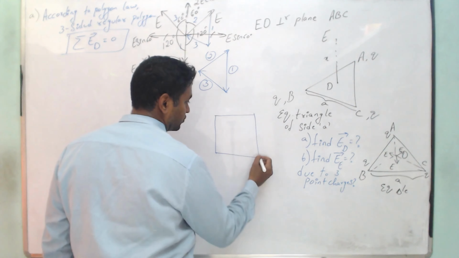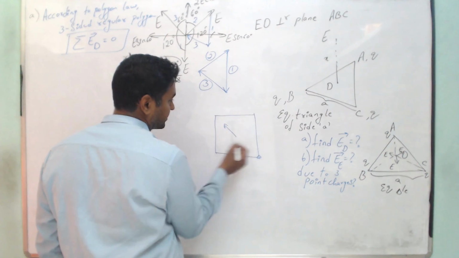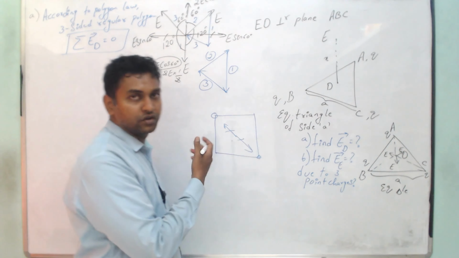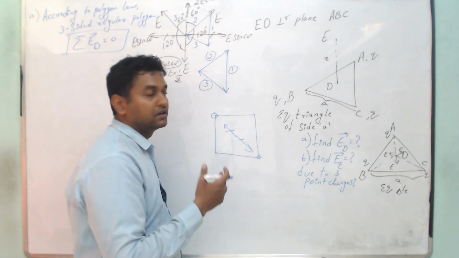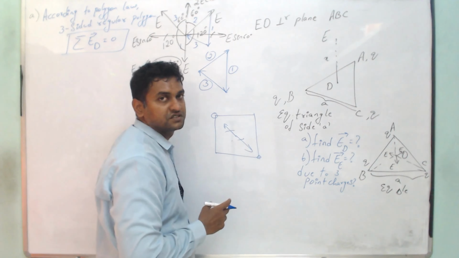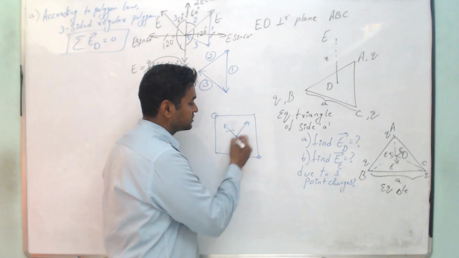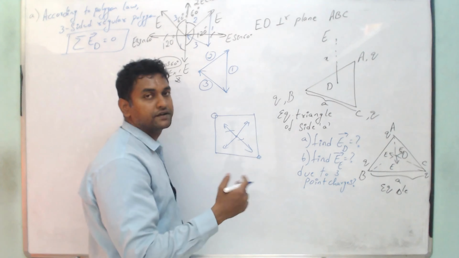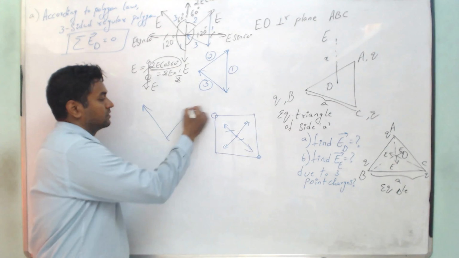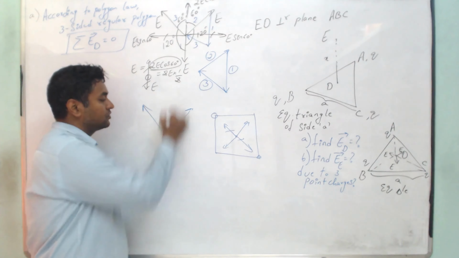Due to this one it is in this direction, and this one in this. Both are opposite, equal in magnitude. Easily it will cancel. When I have an even number of charges, they will cancel each other automatically. It is easy to understand. But when you have an odd number of vectors, in this case, I need to take components.